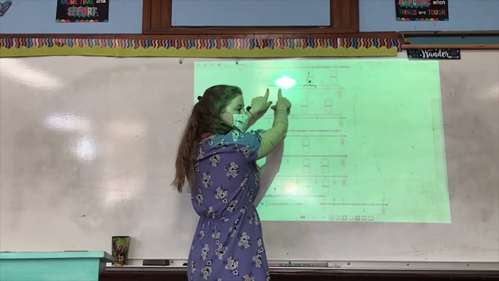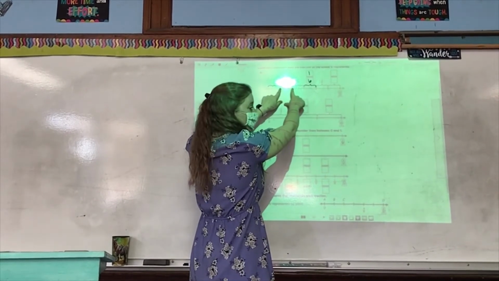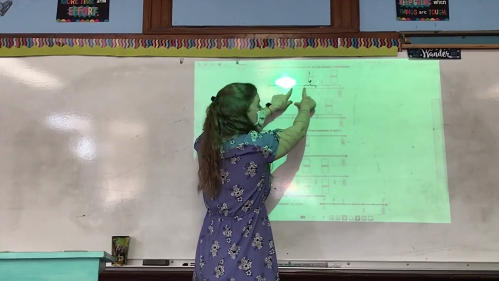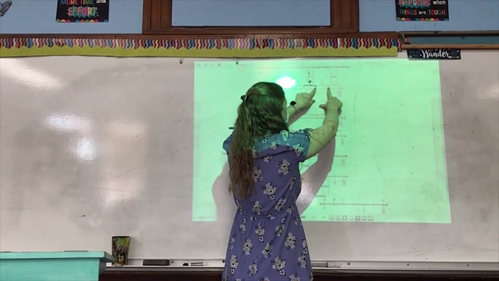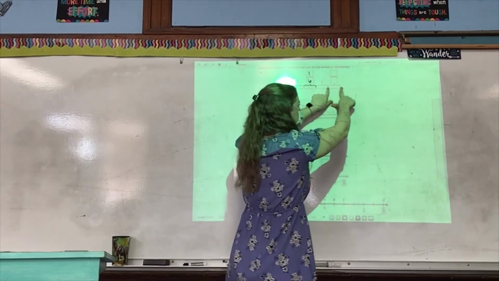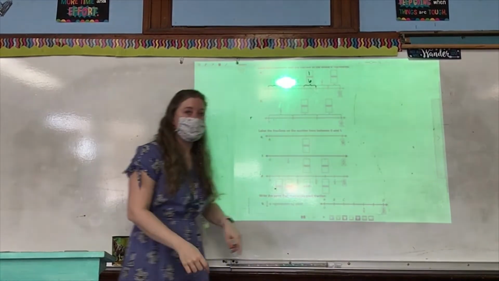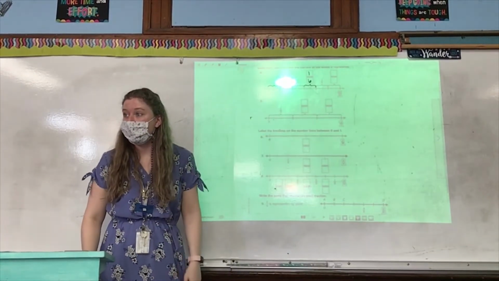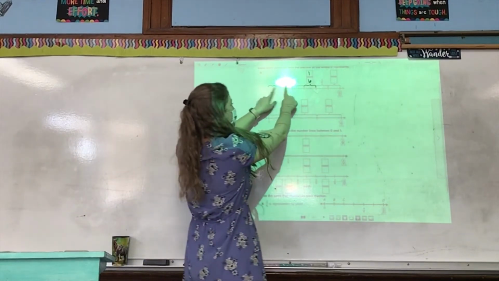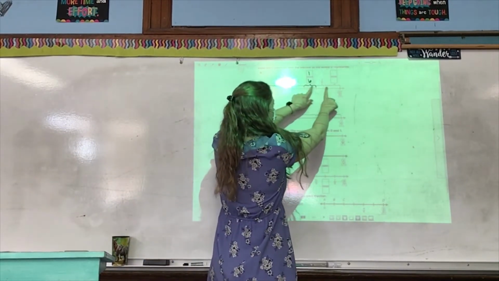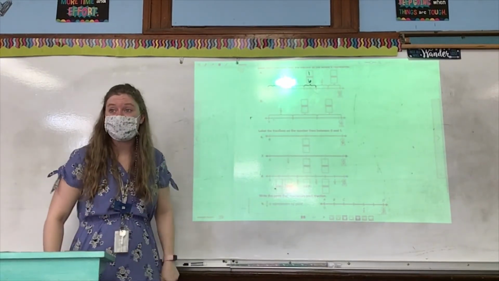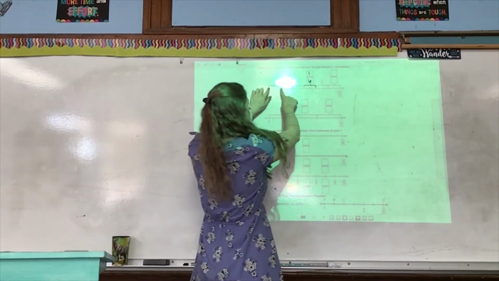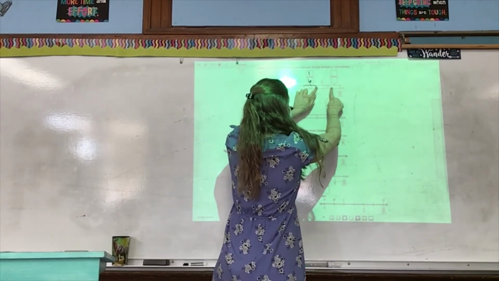If we count each piece, look at each mustache. I have 1 mustache, 2 mustaches, 3 mustaches, 4 mustaches, 5 mustaches, 6 mustaches. So that means I have 1, 2, 3, 4, 5, 6 pieces. That's why our denominator is 6, because there are 6 pieces.